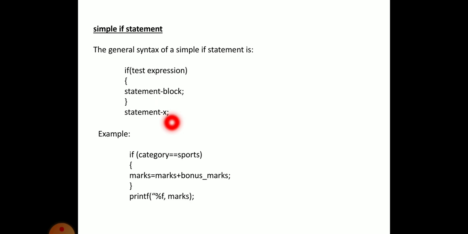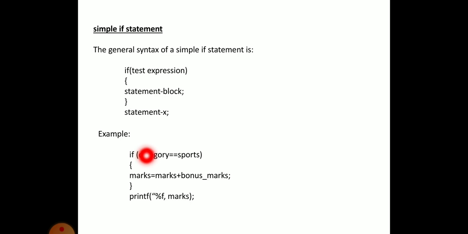This is how we make use of the if statement to check for a condition and to select a set of statements to be executed. If the condition is true, a particular set of statements will be executed, and if it is false, another set of statements in the program will be executed. This is the purpose of using the if statement.